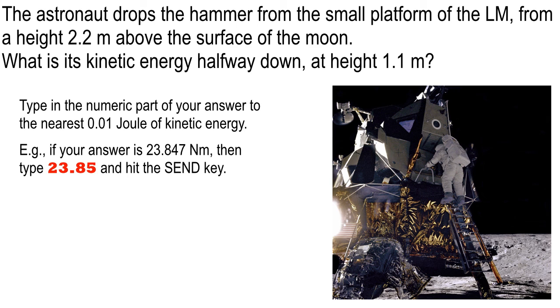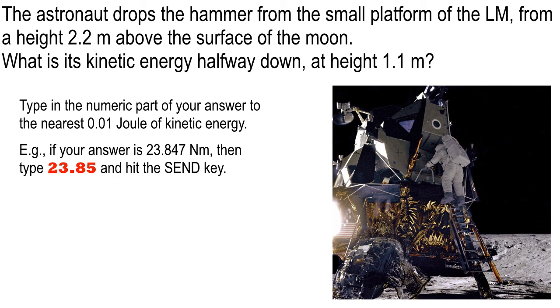So the question is, what is its kinetic energy at the height of 1.1 meters, in other words, halfway down? Now, in this one, the calculation is similar to the homework problem we had. You're dropping it, so it doesn't start with any downward speed. So v initial is equal to 0, and it acquires downward speed.